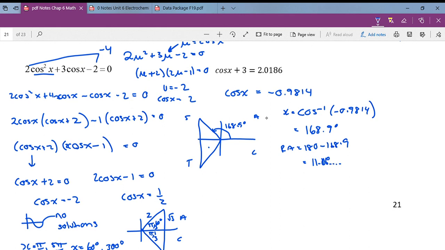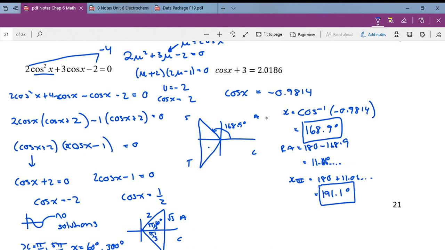And then to find the x value in the third quadrant, I would do 180 plus the 11.06, and I would get positive 191.1 degrees. So my two answers would be 168.9 degrees and 191.1 degrees.